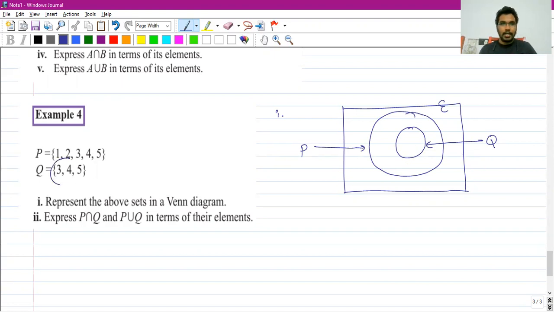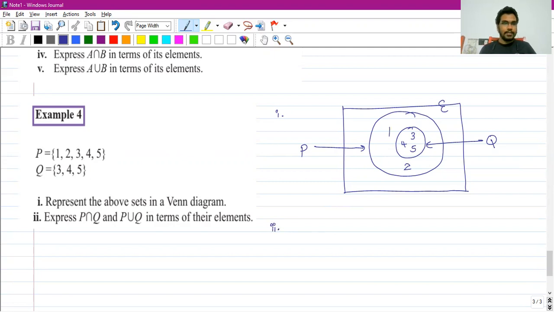Here we can write Q, it is 3, 4 and 5. Next P, 1, 2, 3, 4, 5. So 3, 4, 5 are already included in this P set and we have to write 1 and 2. This is how we can draw the Venn diagram for this question.